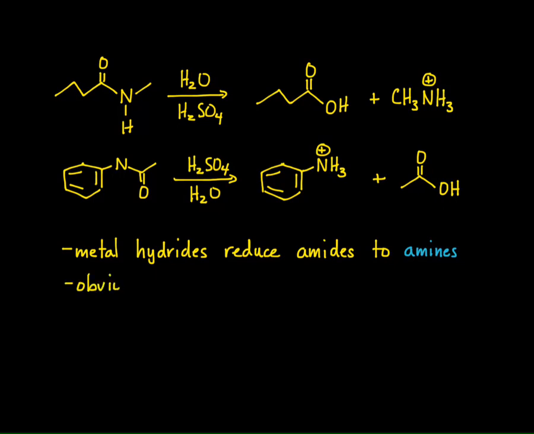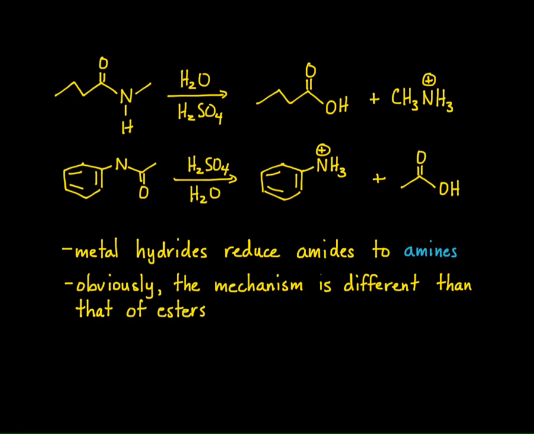But obviously we're not getting two products. We're getting one product. And so the mechanism is very different in this process, right? Esters, you get two alcohols. With amides, you just get one amine, and the nitrogen stays on the compound itself.